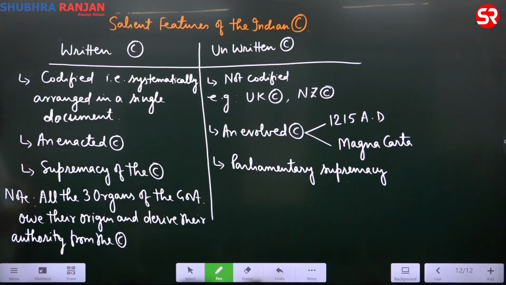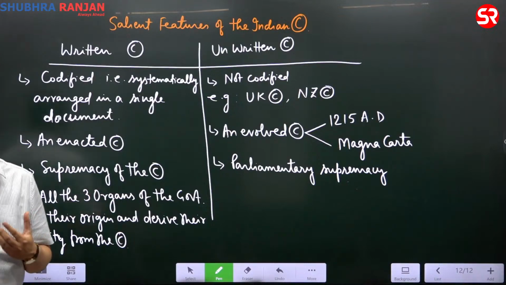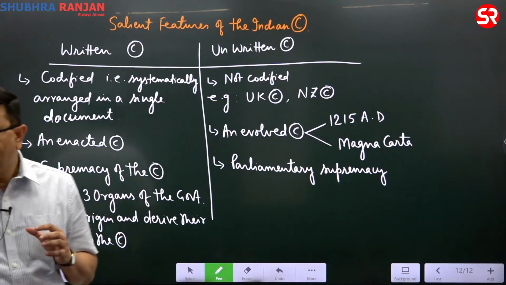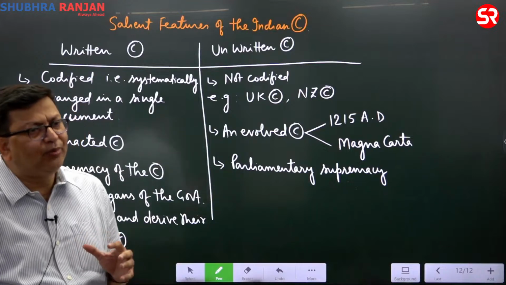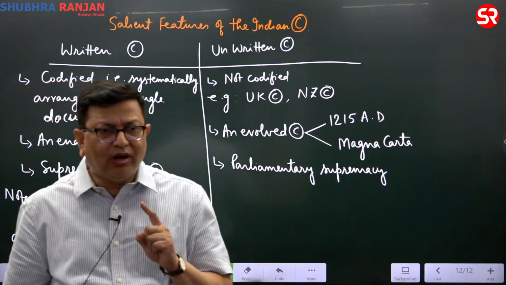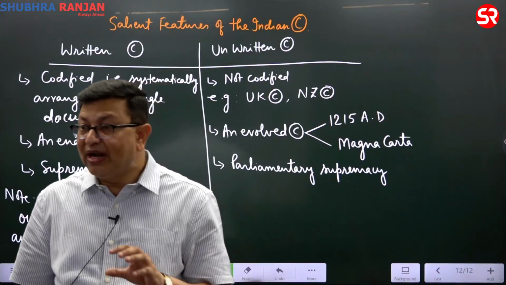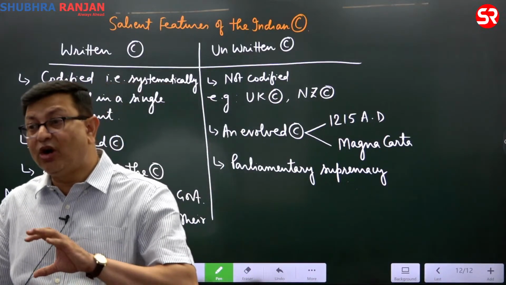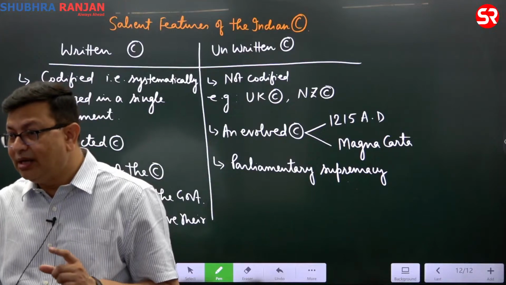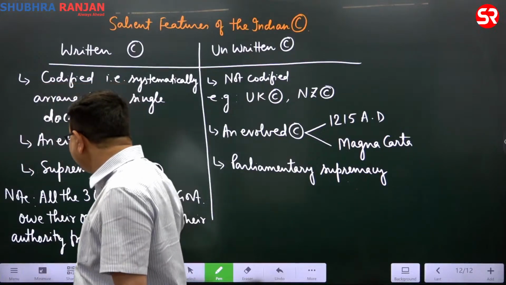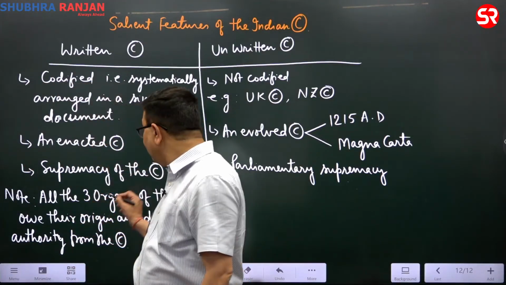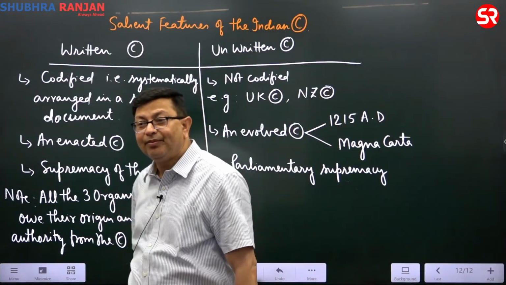So in a country, if someone asks you who is supreme in a democracy, the people will be supreme. But when we talk about the organs of the government, none of the organs will be supreme, the constitution will be supreme.